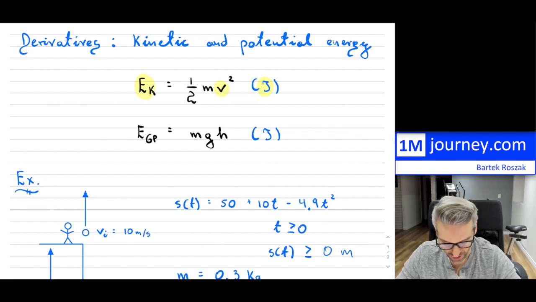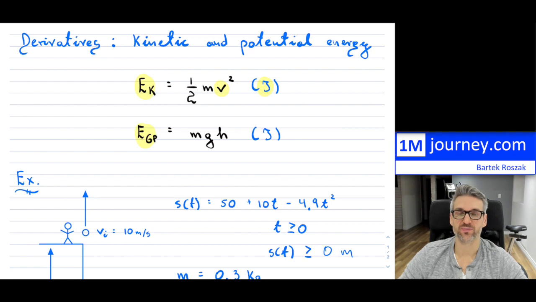The second equation here is the energy, or potential energy, with regards to gravity. Sometimes we call it gravitational potential energy. That's why you have a G and a P there as a subscript. At least that's what I like to use. It is the energy that you have with regards to how far you are away from a particular surface. So it's always relative to a surface.